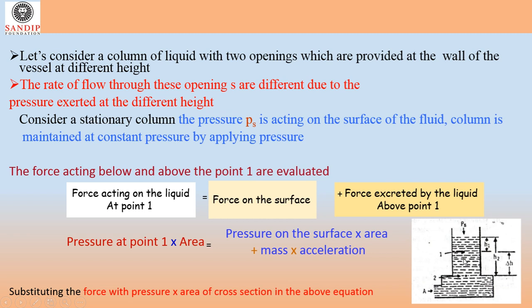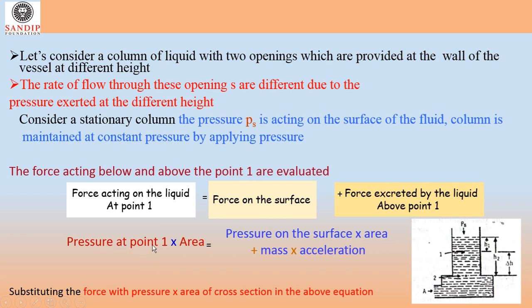Okay, and this is to be evaluated with the help of this formula, that is nothing but force acting on liquid at point 1 is equal to force on the surface plus the force exerted by the liquid above point 1. So as we already see, whenever the term force is there, write force is equal to pressure into the area.